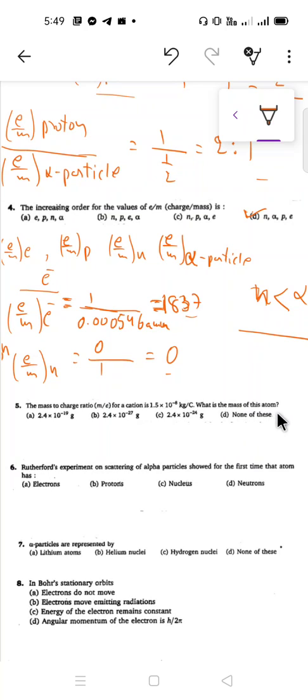What is the mass of this atom? They ask it like this. What they mention is mass by charge, m by e, is equal to 1.5 into 10 to the power of minus 8 kg per coulomb.